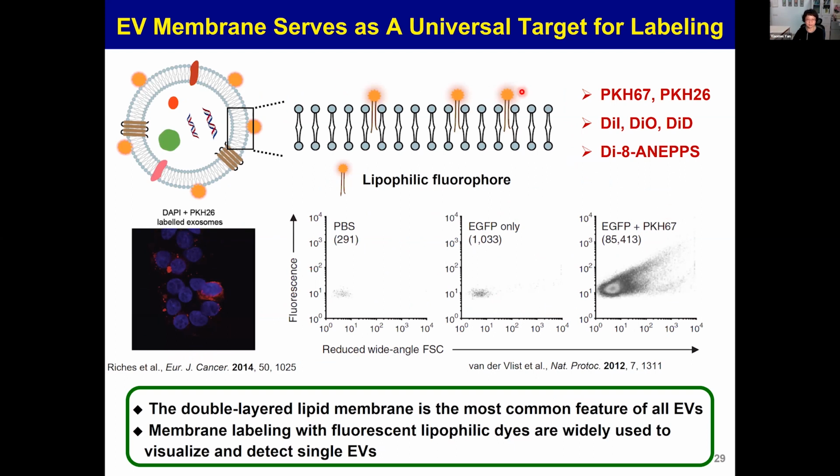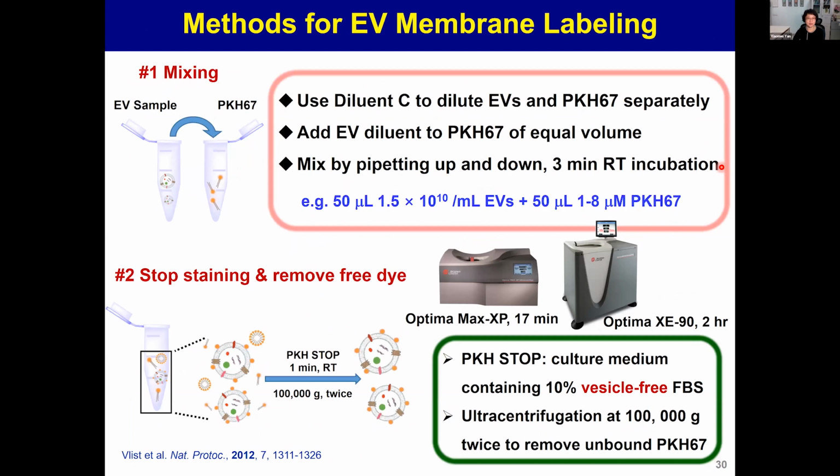The double-layered lipid membrane is the most common feature of all EVs, and the PKH or DiR series dyes are the most commonly used. We use PKH67 as an example to illustrate EV membrane labeling.